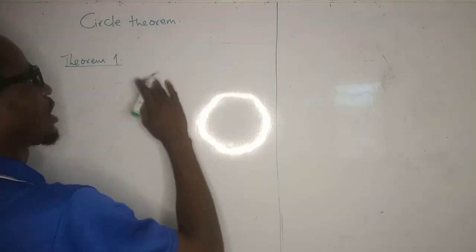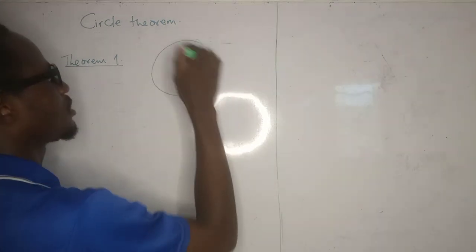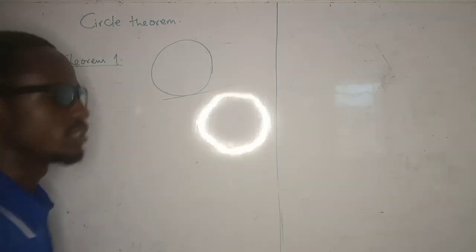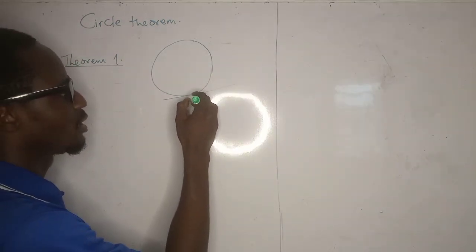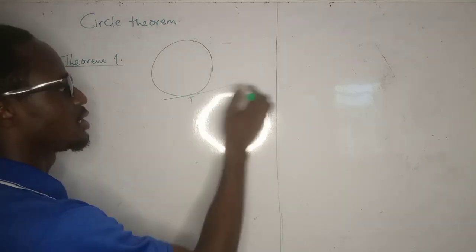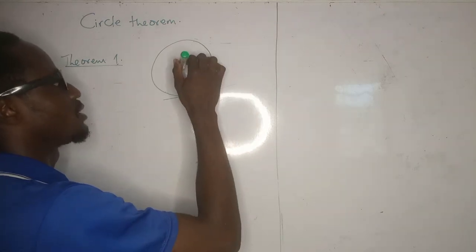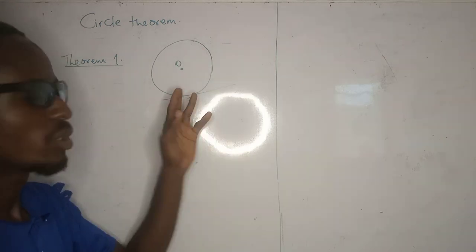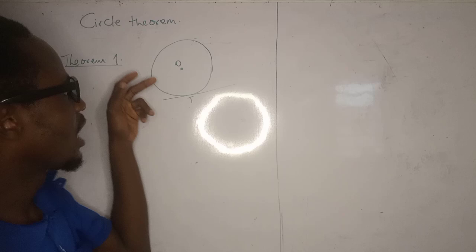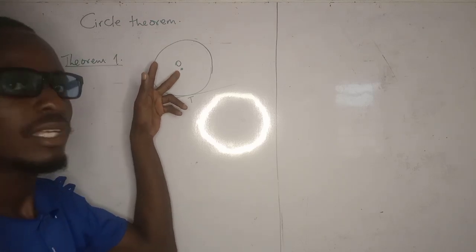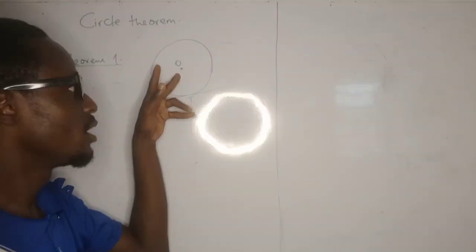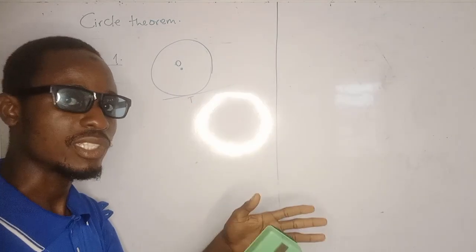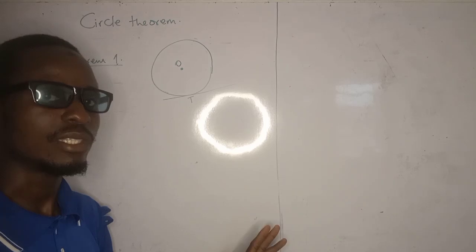Let me redraw the circle. So you have this, and this is a tangent, meeting the circle at point T. So let's say this is T. Then the center of the circle is O. Now this theorem tells us that when a line is drawn from the center to meet the point of contact of the tangent with the circle, it is always at a right angle to the tangent.